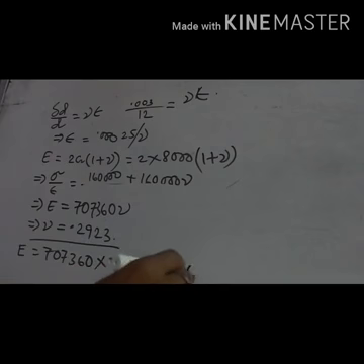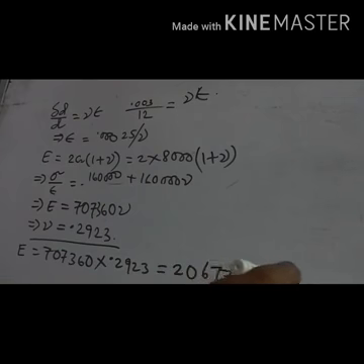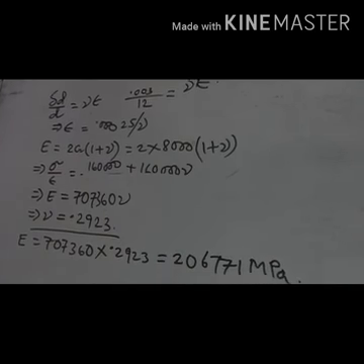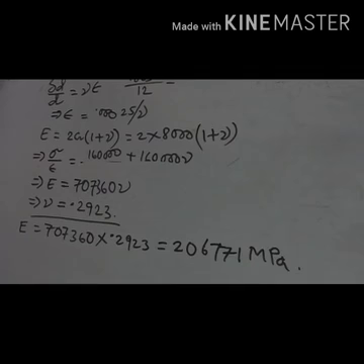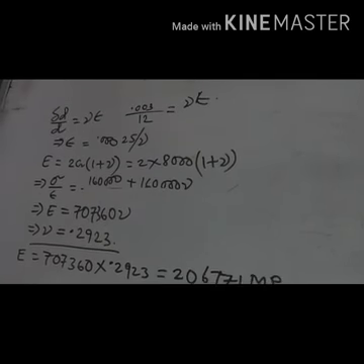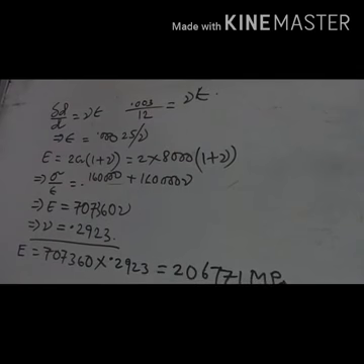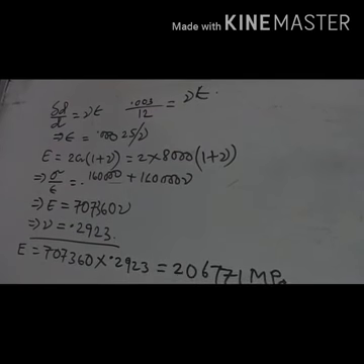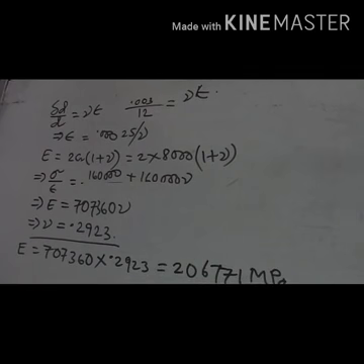So that is equal to 206,771 N/mm squared. Okay, that is the capital E, elastic constant. And from this equation you may calculate capital K, the bulk modulus, E divided by 3(1 minus 2 nu). After calculation you will get the result.